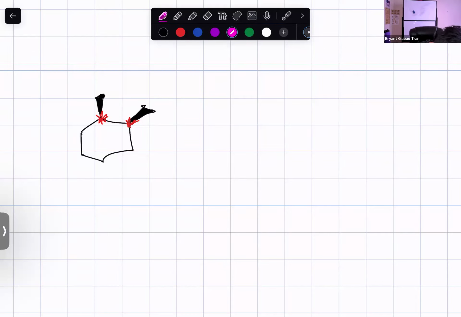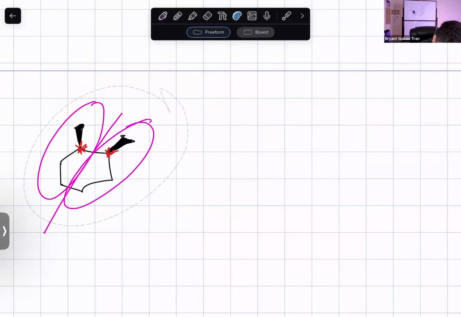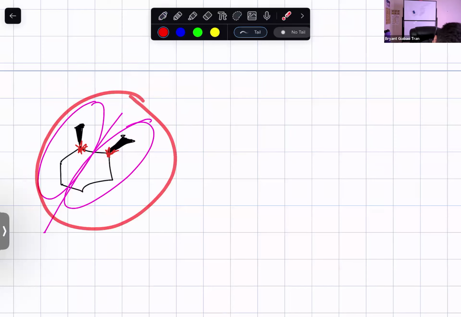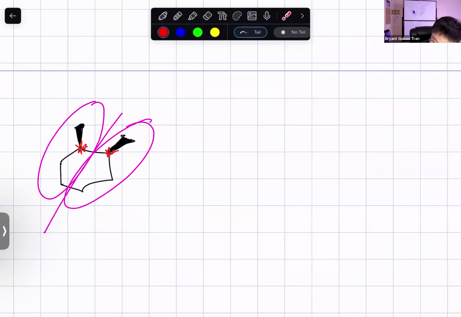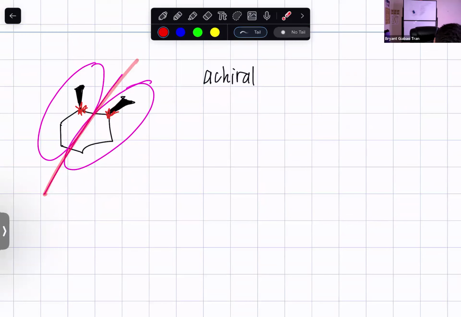There is, down the middle, because everything on this side is the same as everything on that side. Based on that information, don't look at the specific carbons, is this overall structure chiral or achiral? Achiral, because of the plane of symmetry. That plane of symmetry makes it achiral automatically.